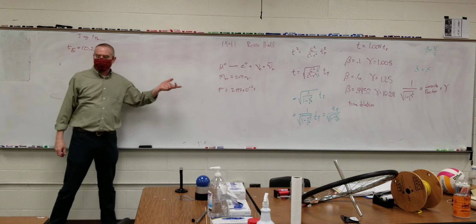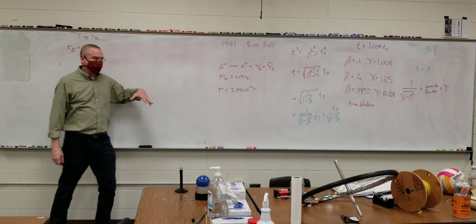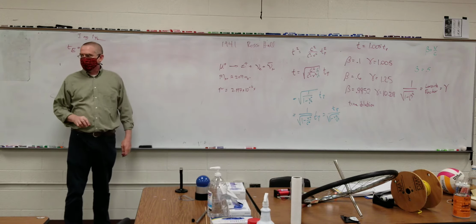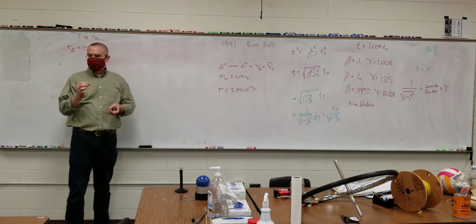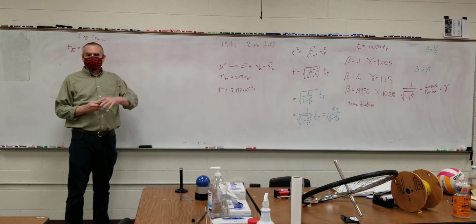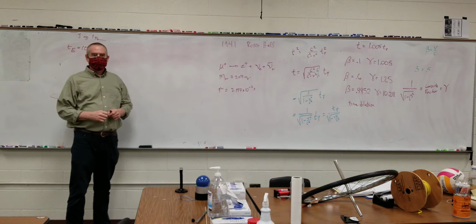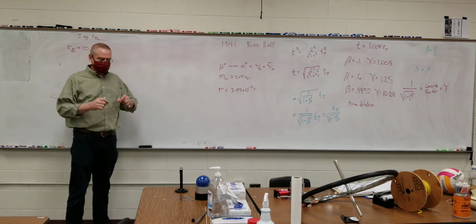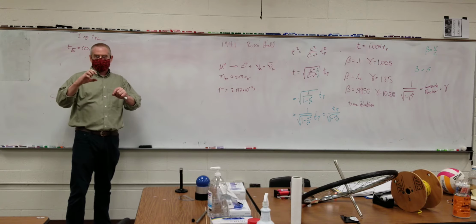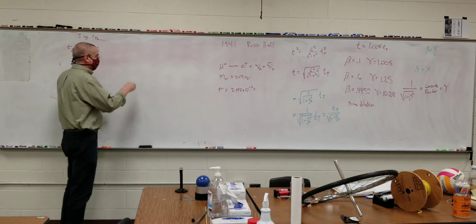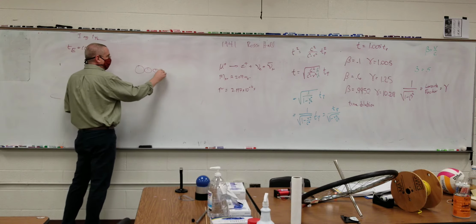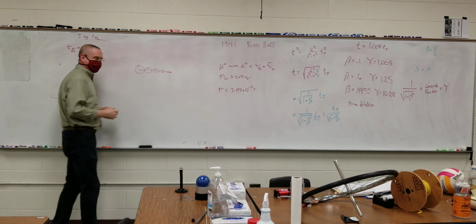Eventually, cloud chambers would be replaced by bubble chambers, where you take these superheated liquids that are just on the verge of boiling, but you keep them stable, and then the slightest bit of disturbance will cause them to boil. And they boil locally, so you see these little bubbles in the chambers, and you can see which way the particles are moving based upon the size of the bubbles. The bigger the bubble, the longer ago it was. So you would see things like that in the bubble chamber. You know that it's traveling in that direction.